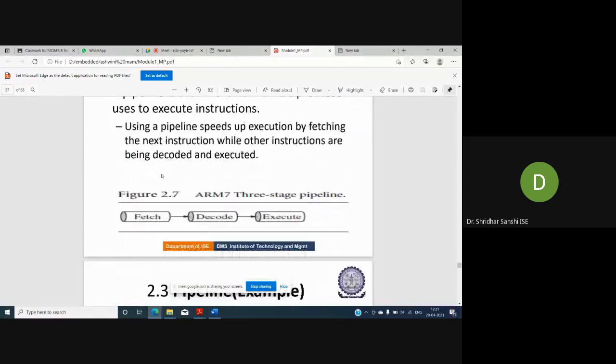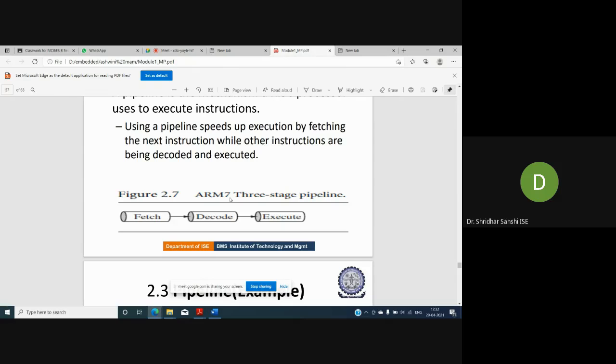Here is one example of the ARM7 3-stage pipeline. When we were discussing the ARM family, we saw that different ARM families use different stages. So ARM7 uses 3 stages, correct?